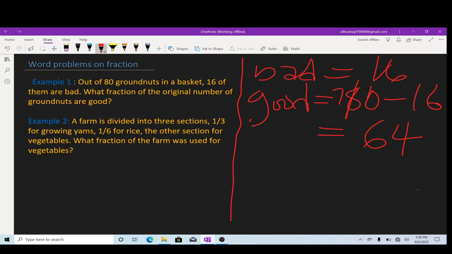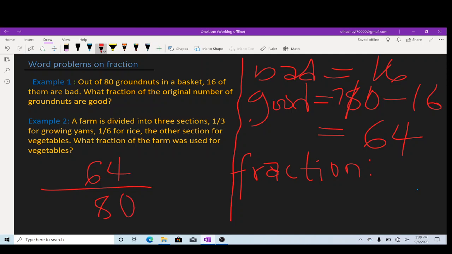Now the question says, what fraction of the original number of granules are good? That means the number of good granules upon the total number of granules. So you have the number of good granules, which is 64, upon the total number of granules, which is 80.